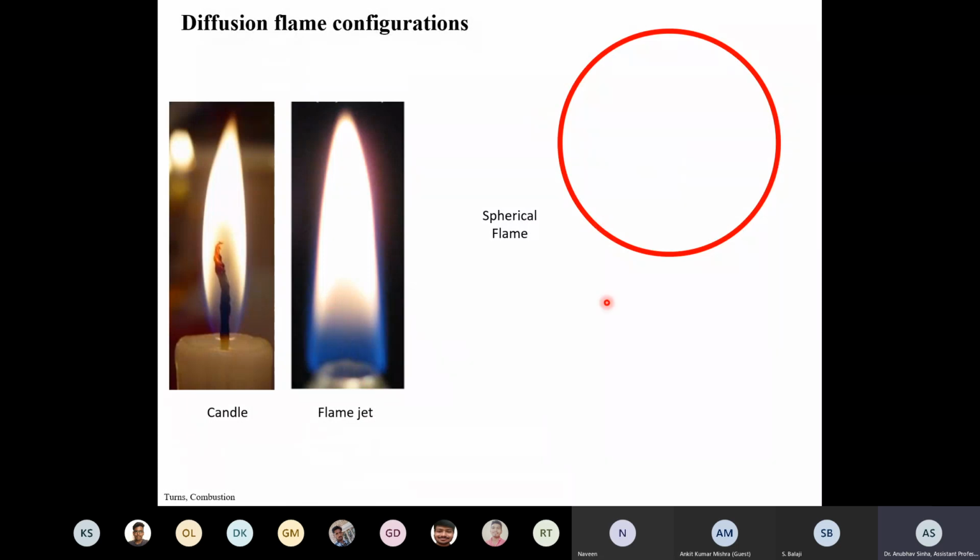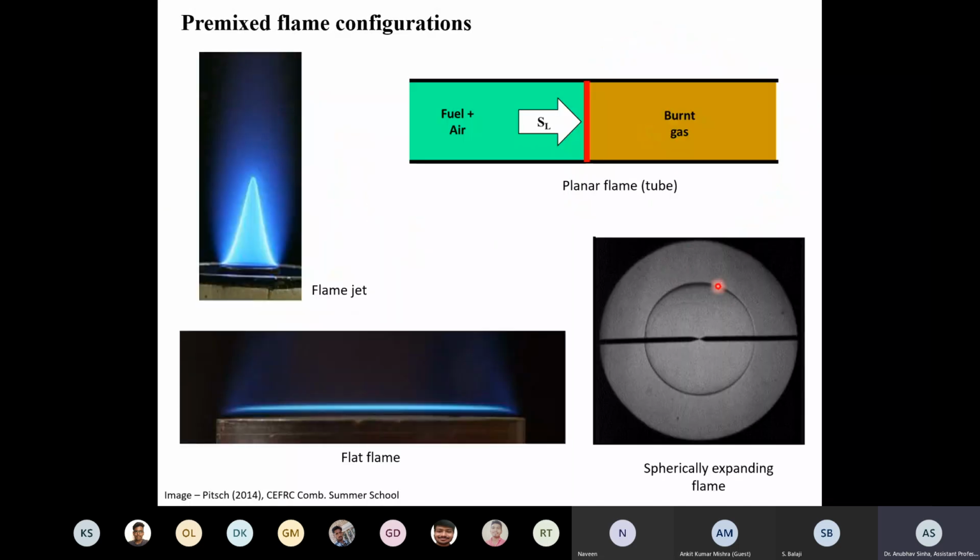Now the question is whether I can have a spherical diffusion flame. Is it possible? Anyone want to guess? For example, in premixed flames, we had a chamber and we filled that chamber with premixed mixture. So we have both air and fuel present. Then we ignite.